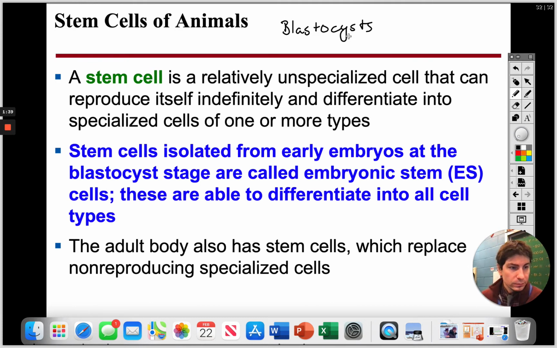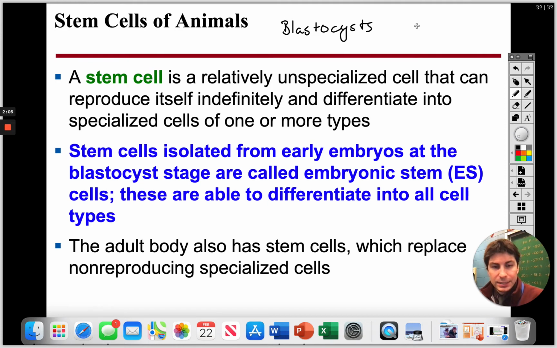So the inner cell mass of this blastocyst is going to be the source of all the stem cells capable of forming all the different types of differentiated cells in that embryo. So adult stem cells cannot give rise to all these different cell types in an organism.